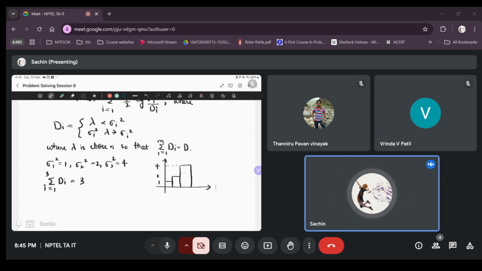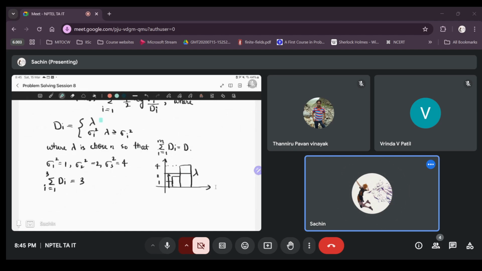You have to select a lambda level somewhere here. And then if your sigma square is less than lambda, you take this as the... oh, I made a mistake while writing this.